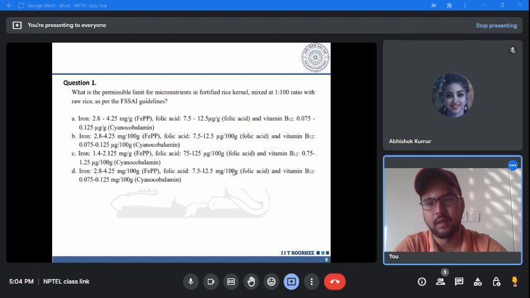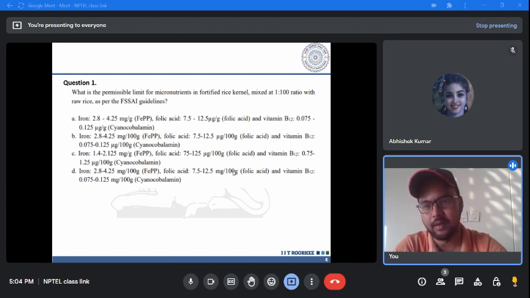And second, iron 2.8 to 4.25 mg per 100 gram, folic acid 7.5 to 12.5 microgram per 100 gram, and vitamin B12 is the same, 0.075 to 0.125 microgram per 100 gram.